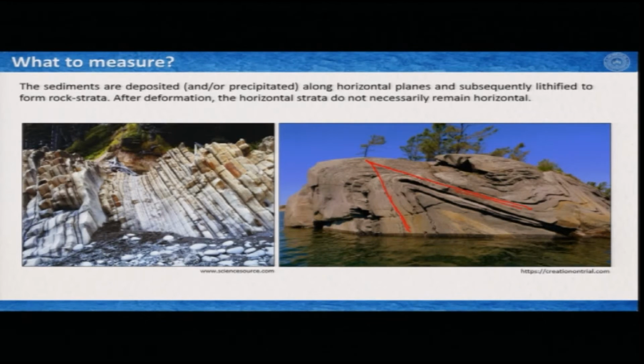Two planes, when they intersect, produce a line, and this line also should have some sort of orientation. And this orientation we will learn later is known as fold axis, and this we can plot as well. So all these kinds of geometric dispositions of deformed rocks allow us to measure and plot them differently in the map, and this is what we are going to learn now.